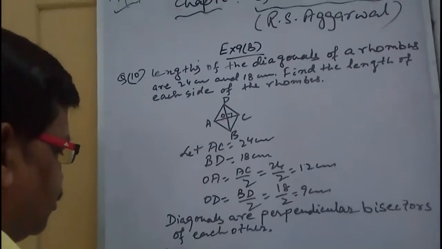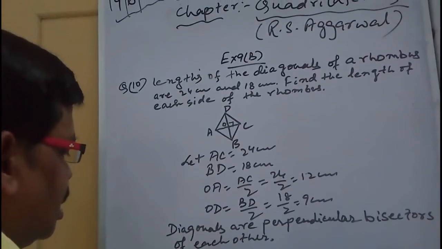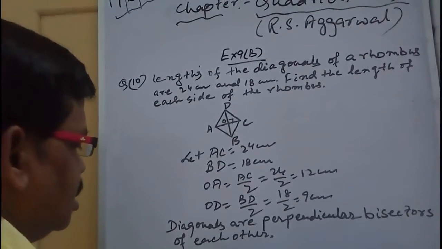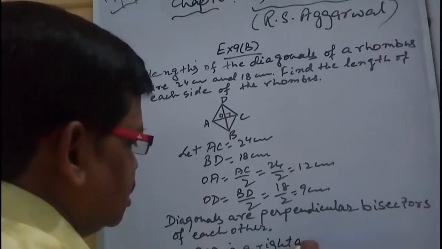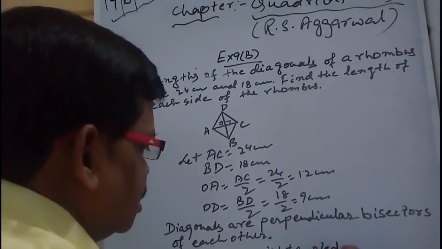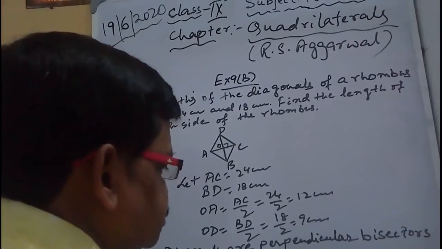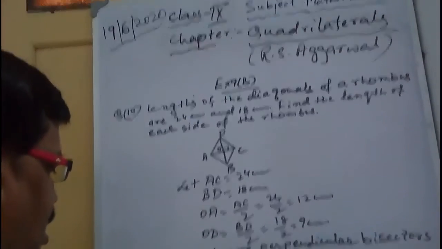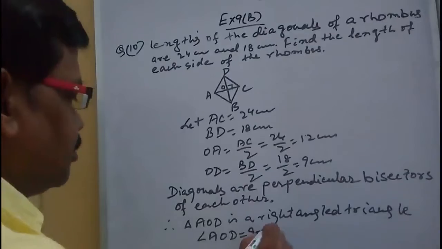So triangle AOD is a right angle triangle where angle AOD is 90 degree.